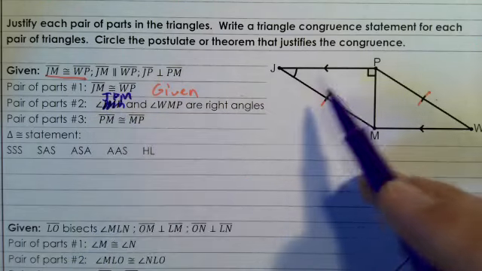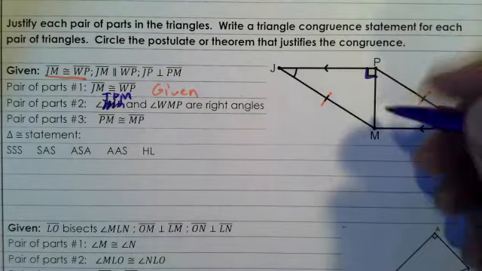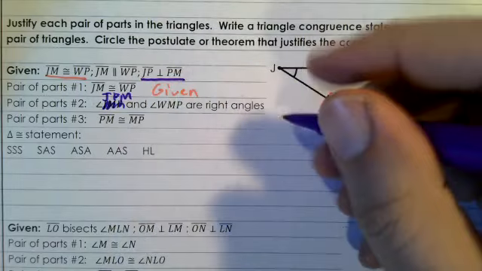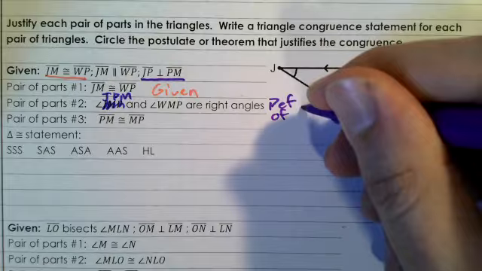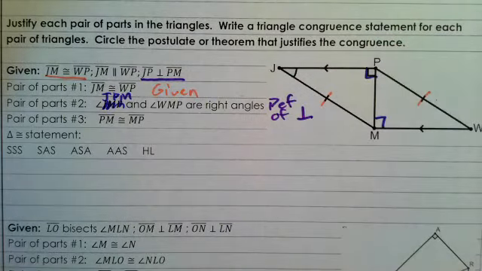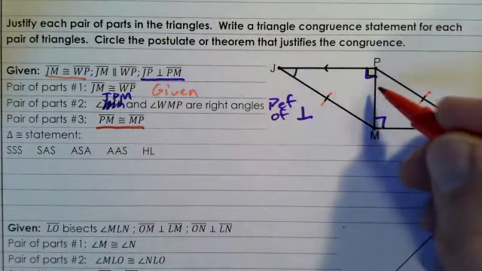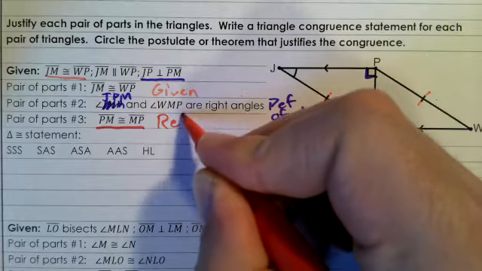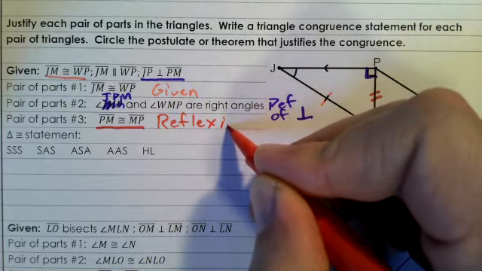So we know JPM and WMP are right angles, thanks to this little thing. This is just the definition of perpendicular. That's what perpendicular lines do. They make right angles. And then our last one is saying that PM is congruent to MP. So that's this line right here. That's just our good friend reflexive property. Things are congruent to themselves.